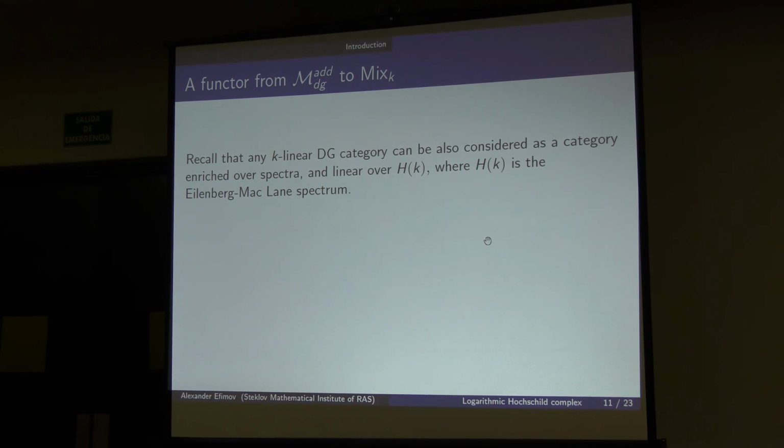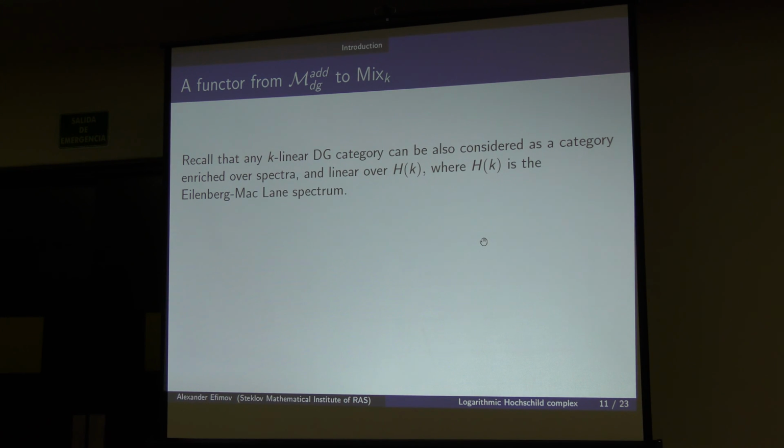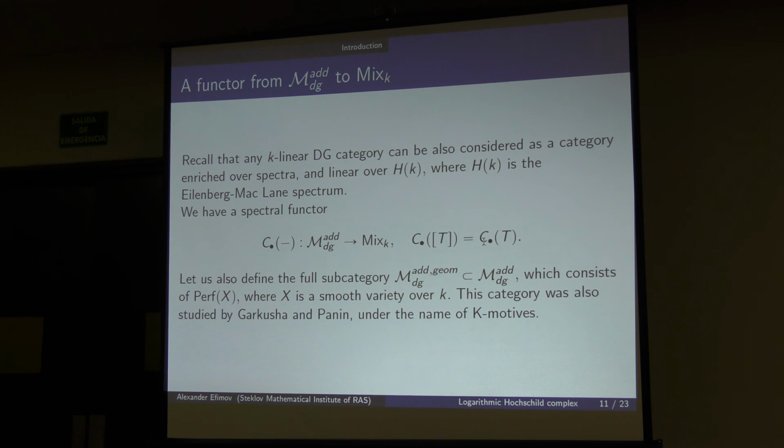Here I just recall that any DG category can be considered as a category enriched over spectra, linear over the algebraic K-theory spectrum of the field. So the world of DG categories embeds into the world of categories enriched over spectra over some base ring spectrum.